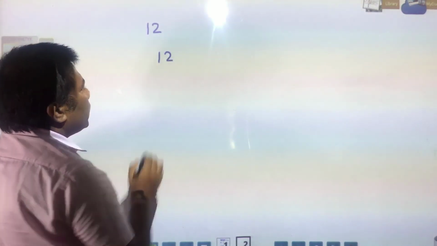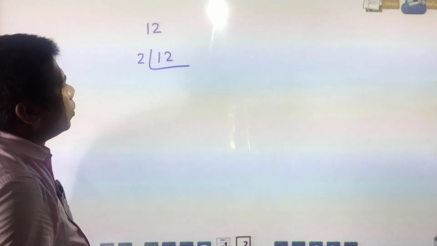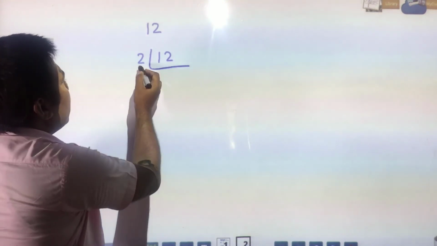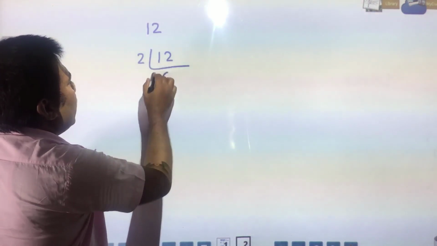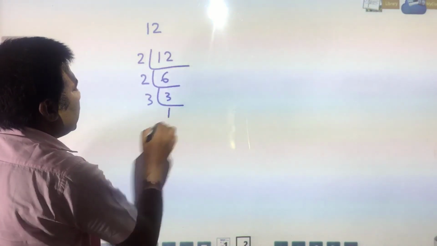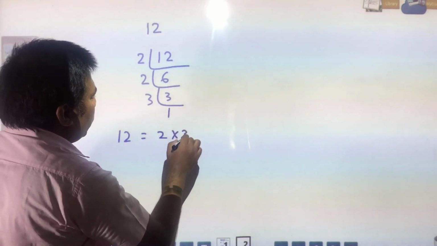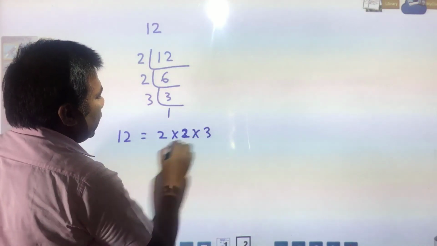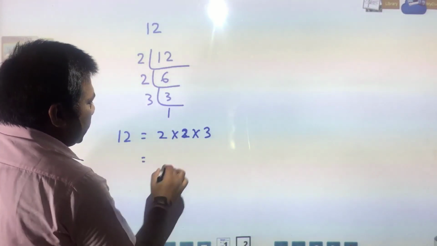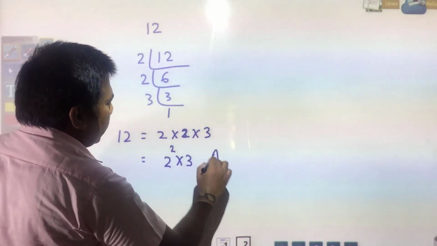What will we do? See by which prime number 12 will be divisible. You can start with 2 or 3. 2 sixes are 12 and 2 threes are 6, 3 ones are 3. So 12 can be expressed as 2 into 2 into 3, or as 2 square into 3, and this will be your answer.